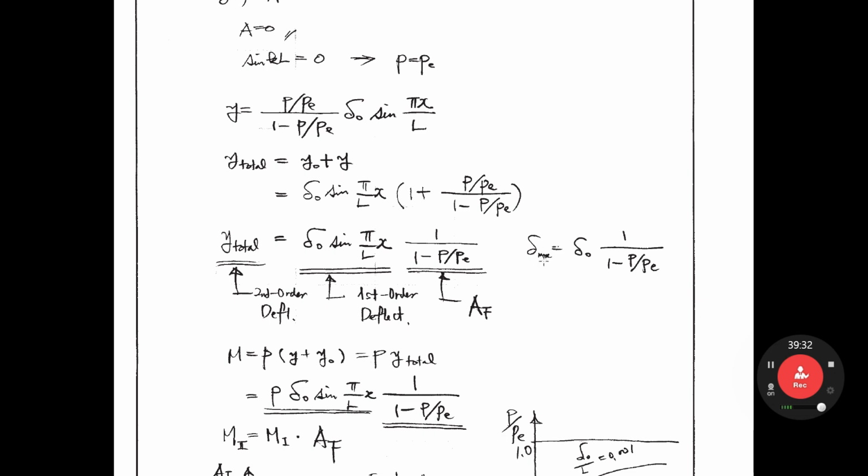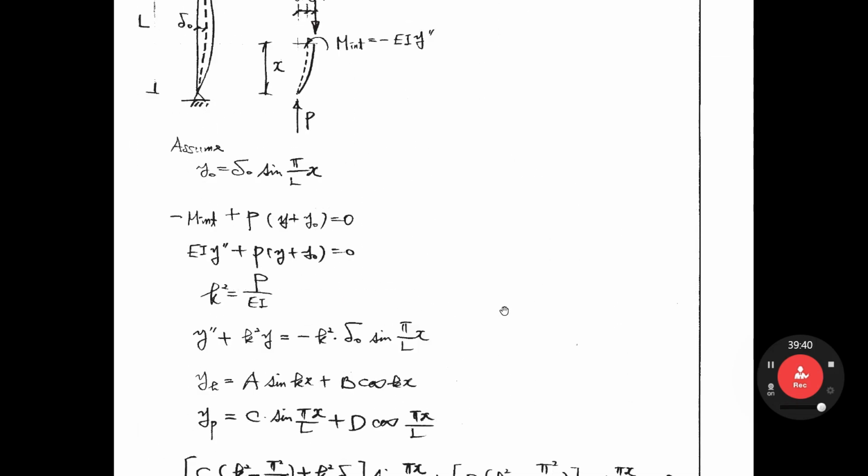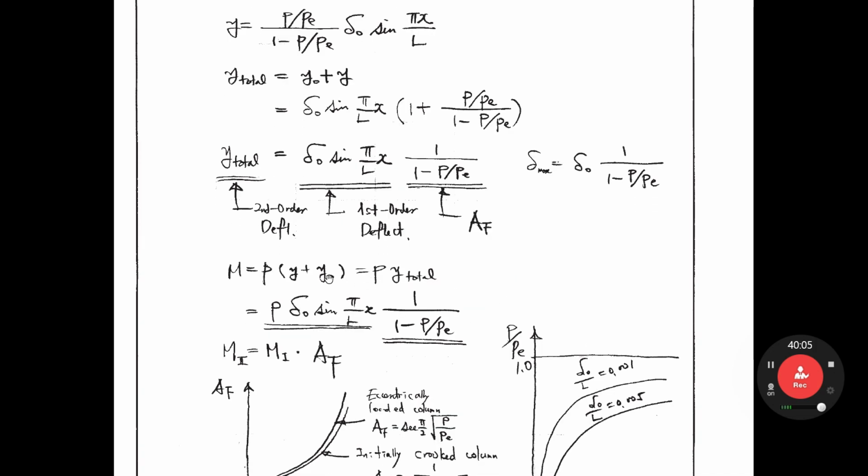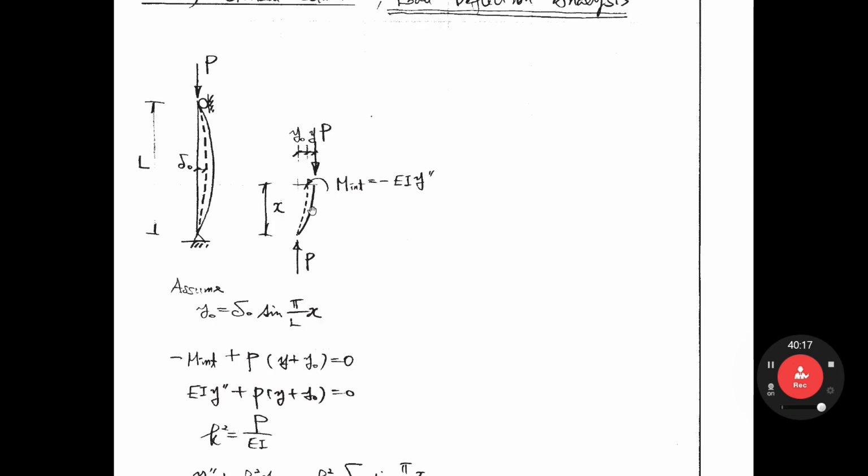Delta maximum occurs at mid height of the column. If you see delta maximum here, that means x equals L over 2. If we input L over 2, this sine is 1. So delta maximum is this one. So let's calculate the moment. Second order moment equals P times deformation. This moment equals P times (y0 plus y).